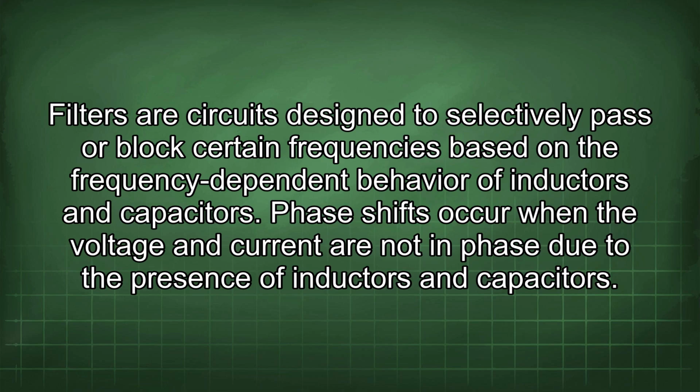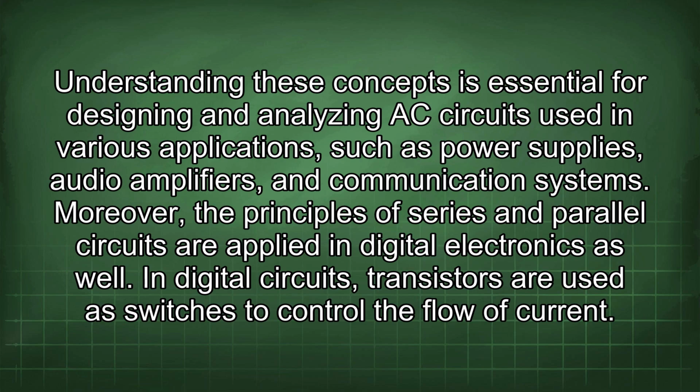Phase shifts occur when the voltage and current are not in phase due to the presence of inductors and capacitors. Understanding these concepts is essential for designing and analyzing AC circuits used in various applications such as power supplies, audio amplifiers, and communication systems.